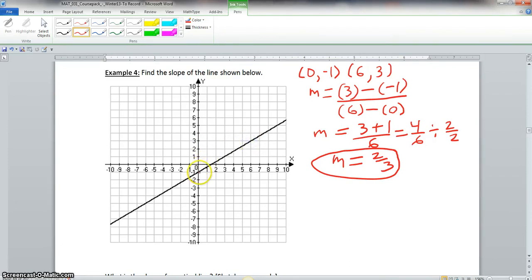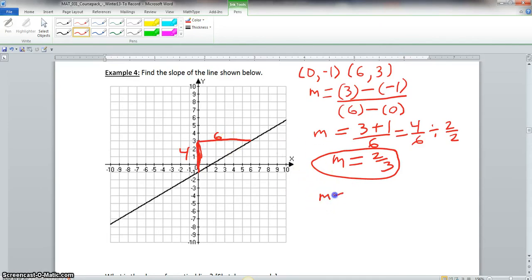So that's what happens. We go up here, from here to here is 4, and then from here to here is 6. So this is 4, and this is 6. Our rise is 4, and our run is 6.